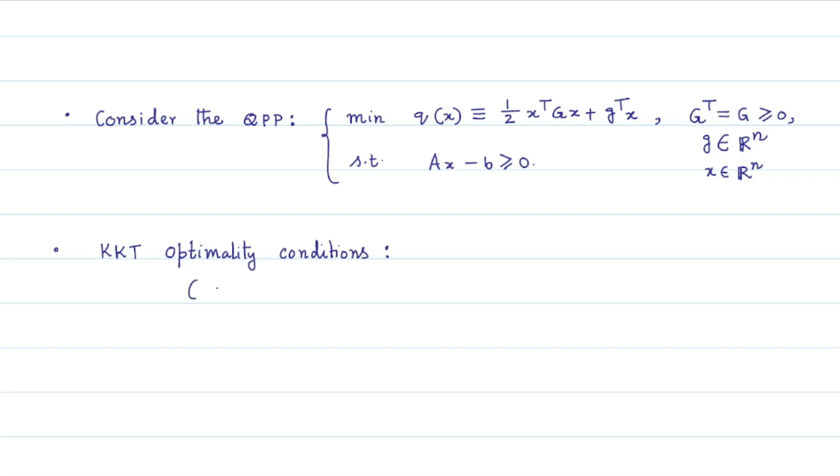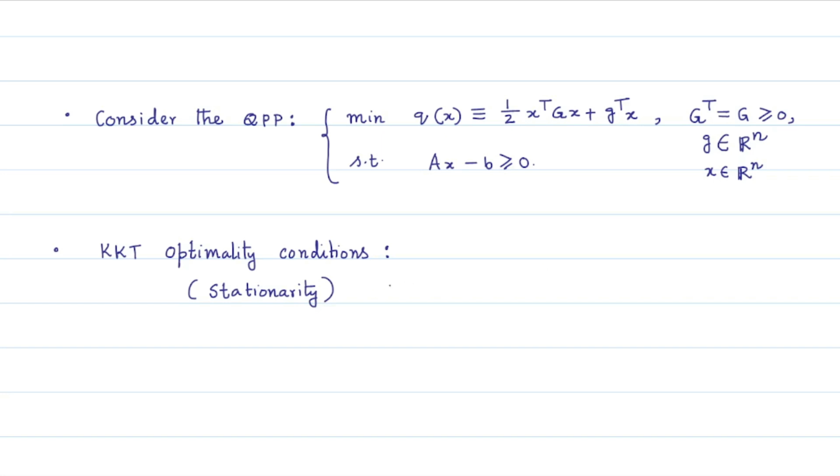the first condition is the stationarity of the Lagrangian function, which you notice is the gradient of this q(x) plus lambda times the summation of the gradients of all the g_i's, and that will be equal to 0.